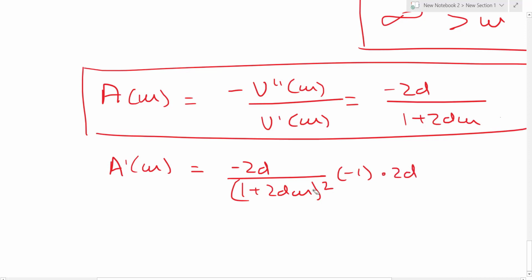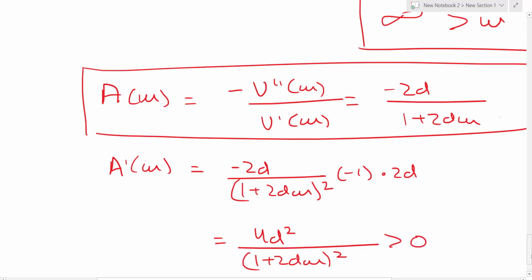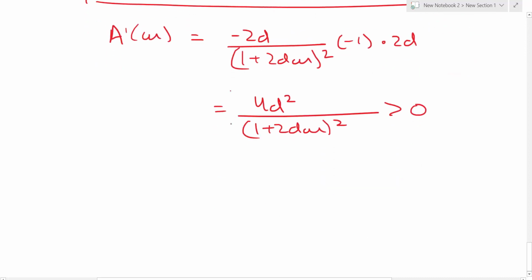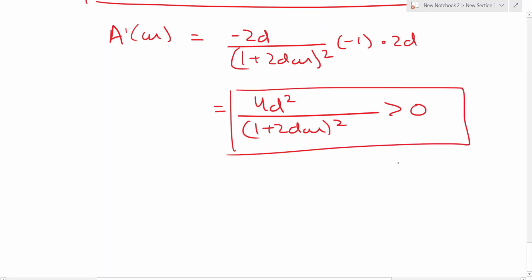So this will become 4d square divided by 1 plus 2dw whole square. This is greater than 0, which means this exhibits an increasing absolute risk aversion. As the wealth increases, the absolute risk aversion also increases.